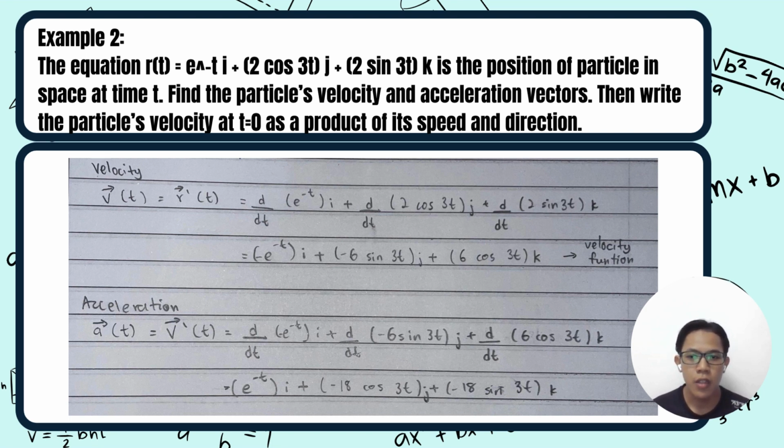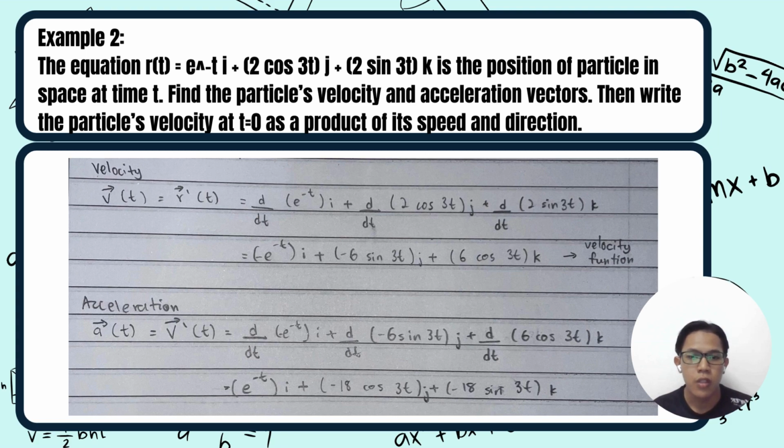First of all, we need to find the particle's velocity and acceleration vector. For the velocity, v of t equals r prime of t, which equals d over dt of e to the power of negative t i plus d over dt of 2 cos 3t j plus d over dt of 2 sin 3t k.